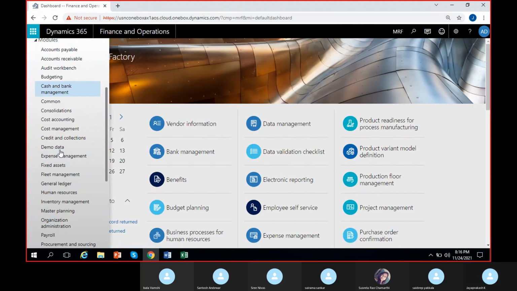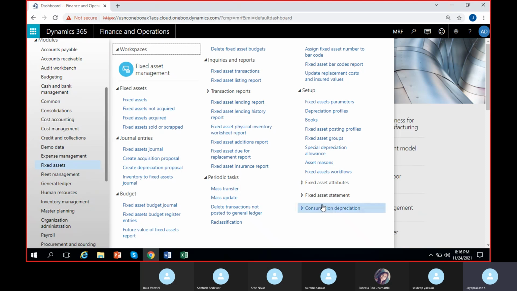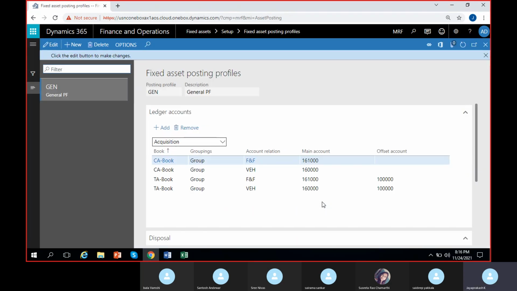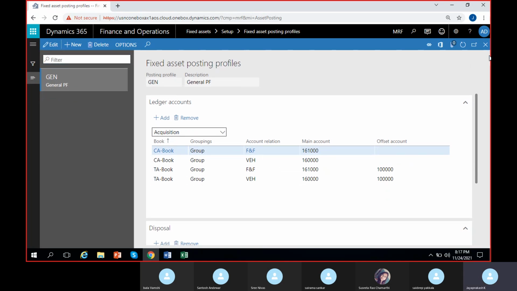For the fixed asset module, into the posting profiles, which is under setup always.